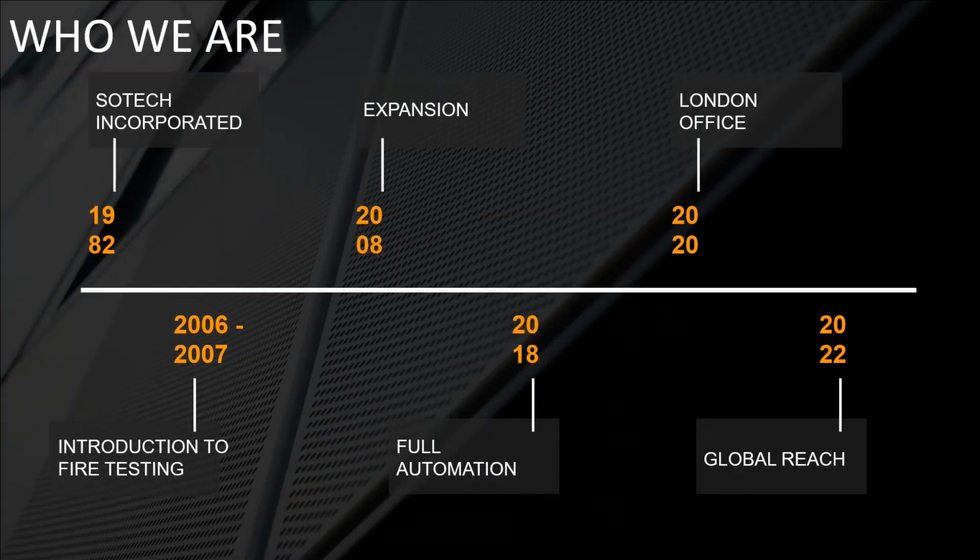SOTECH started in 1982 as a metal fabricator, and then I think we got into rainscreen cladding around 1998. In 2006 and 2007, we started fire testing, which was quite an advanced thing for SOTECH. Back in the day, no one had a major concern about fire, but SOTECH started fire testing the Optima range systems back in 2006 and 2007. In 2008 we had expansion.